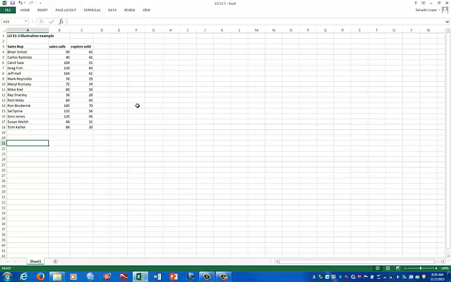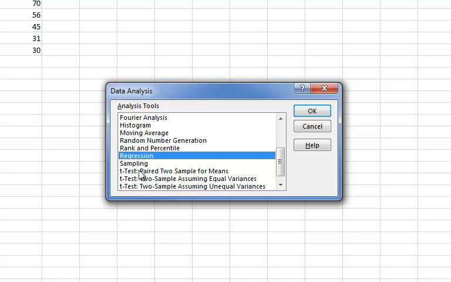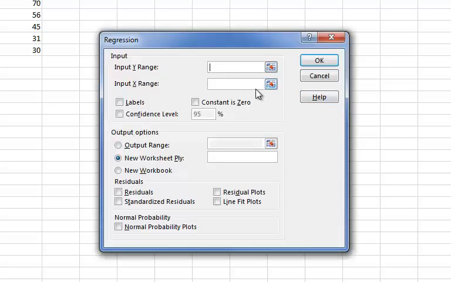We run the regression command by going first to Data, then Data Analysis, then select Regression. This is in alphabetical order, by the way. Click OK. Input the Y range. Here you input the dependent variable, the variable that is being explained, and the X is the variable that explains. In this case, sales calls explain the copiers sold.